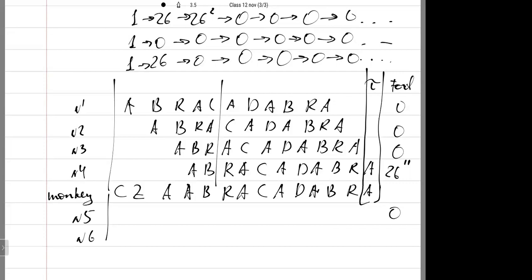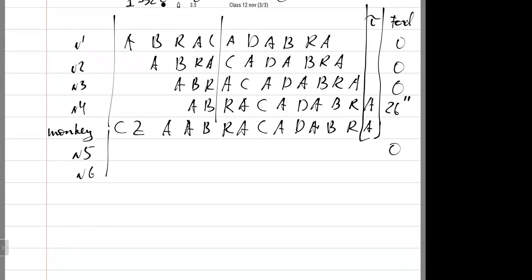Who will be in the money? The last guy, the guy number tau, because he bets on A and he immediately wins $26.